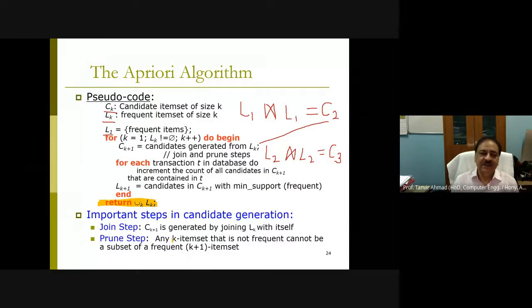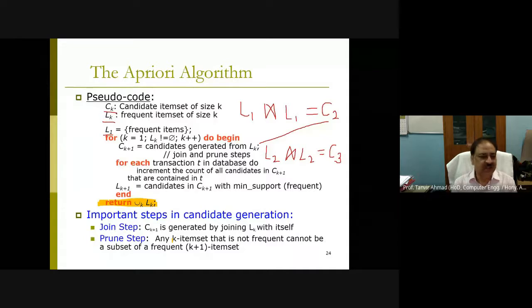That means L1 union L2 union L3 dot dot dot Lk. And that is the last thing I get. In Apriori, I get the set of all Lk which are basically the frequent ones. Any questions you want to ask? I think this should be clear to you.